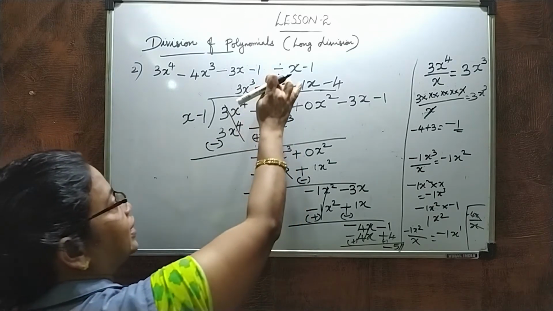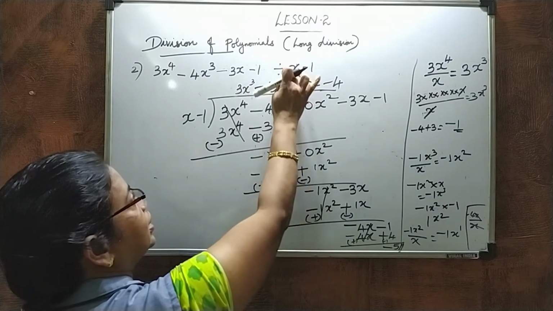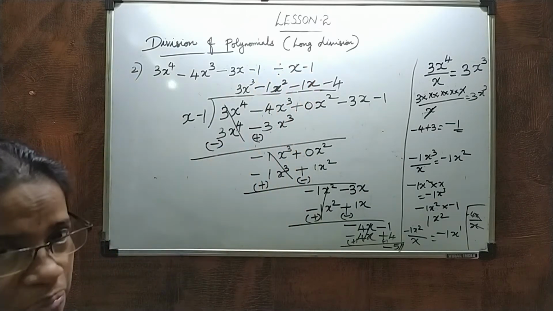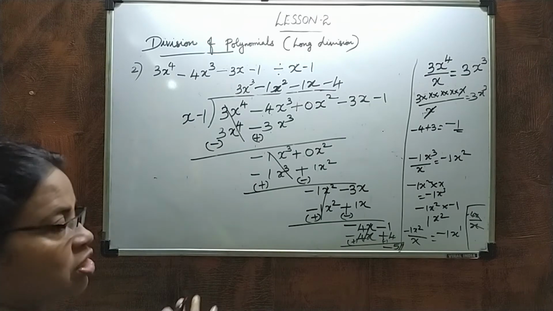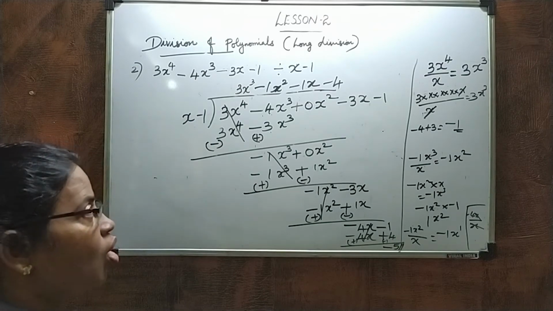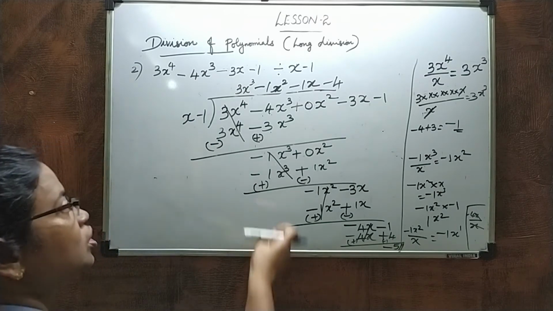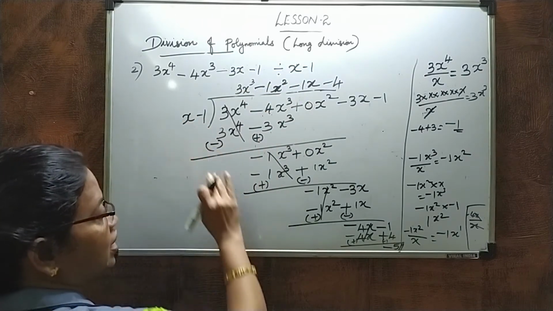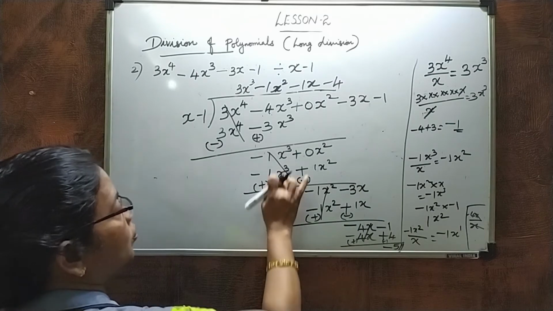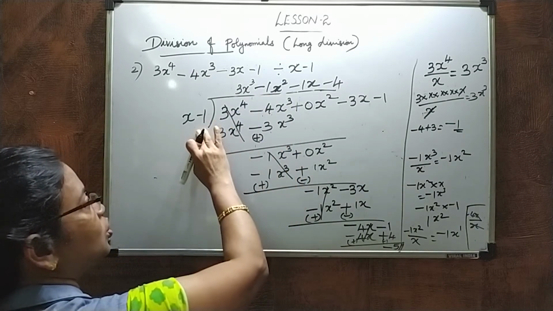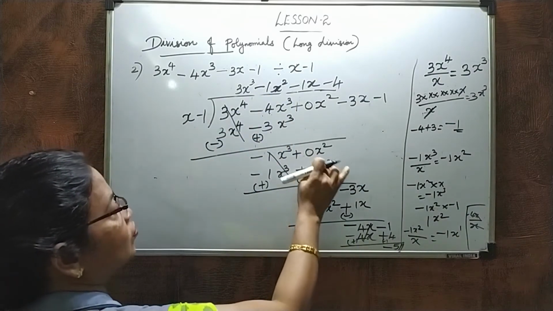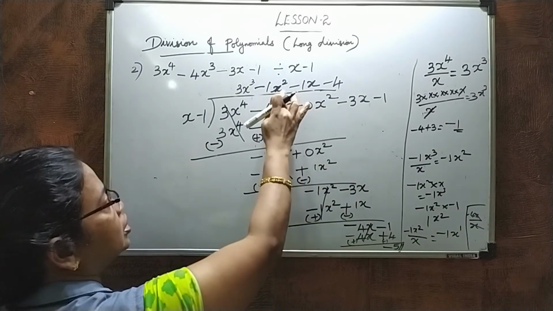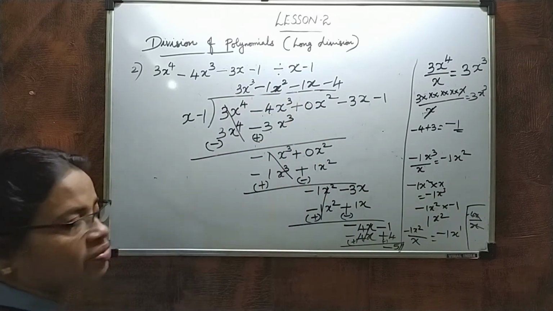Then take only that term and multiply. Don't touch the previous numbers. Already we did the multiplication. So, here it is negative 1x square into x. It is negative 1x cube, negative 1x square into negative 1 plus 1x square.